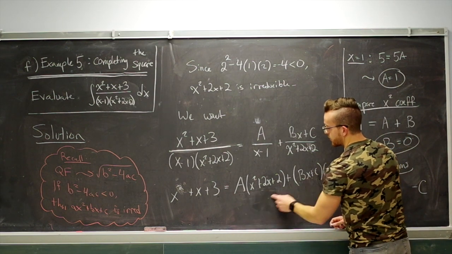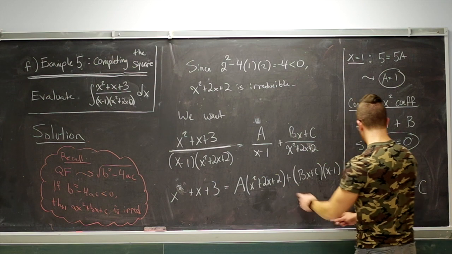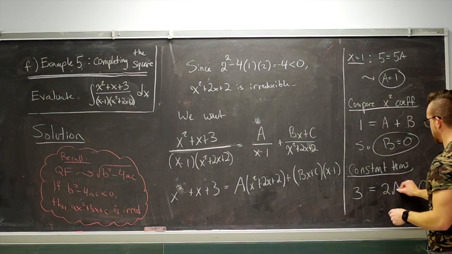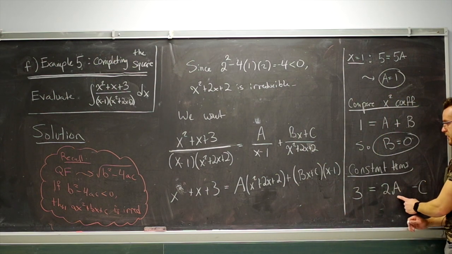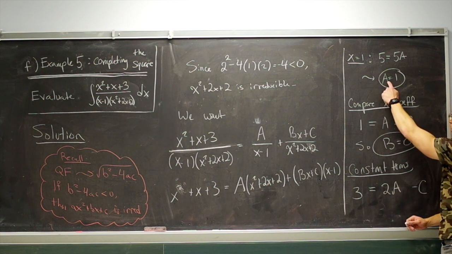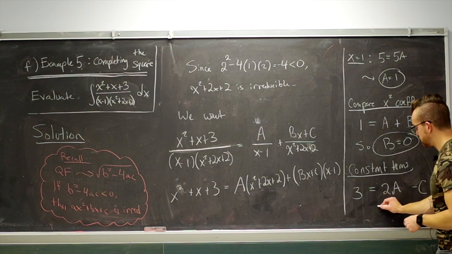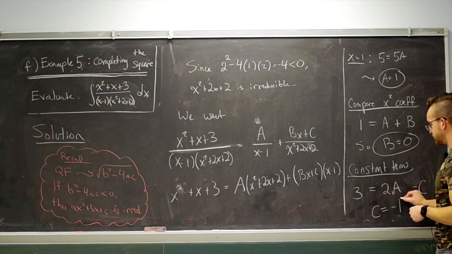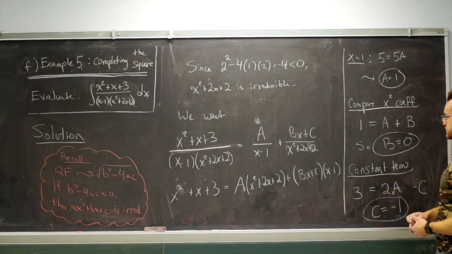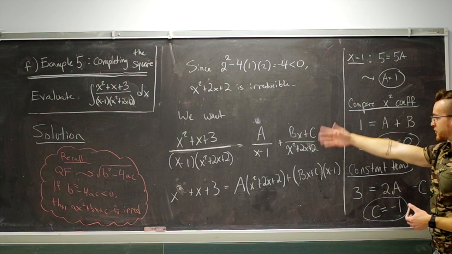And then here, we'll get a 2a. A was 1, so this is 3 equals 2 minus c. C should be negative 1. Okay, and we've got our decomposition.